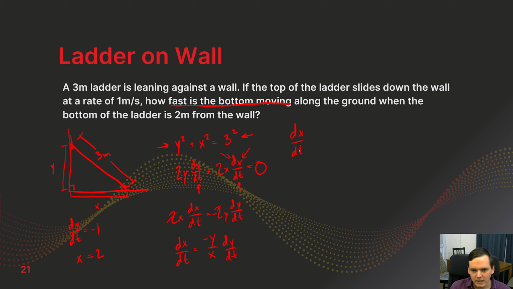So we get dx dt is equal to negative the square root of 9 minus 2 squared, because that's our x value, and this is just rearranging that. In the denominator, we have 2, and then on the right, we have negative 1 meters per second.